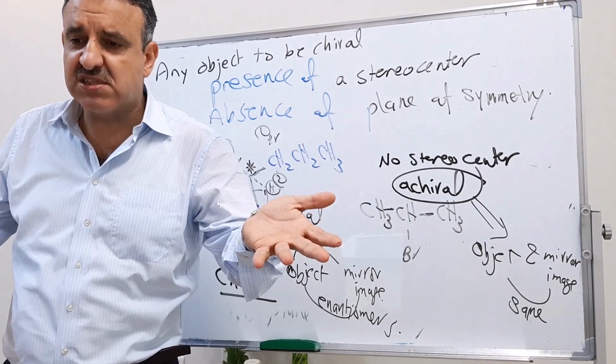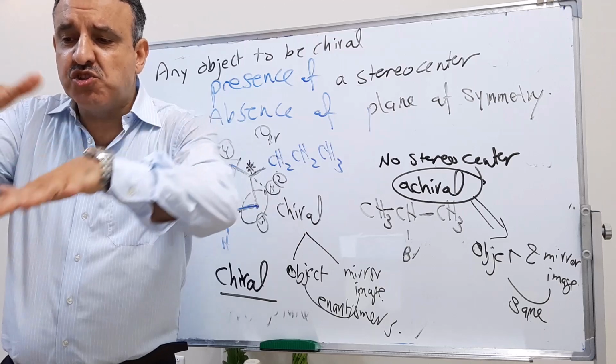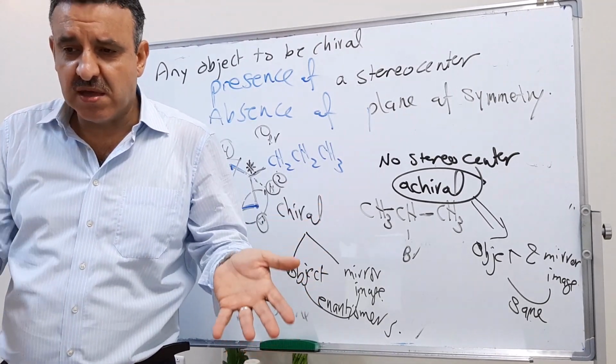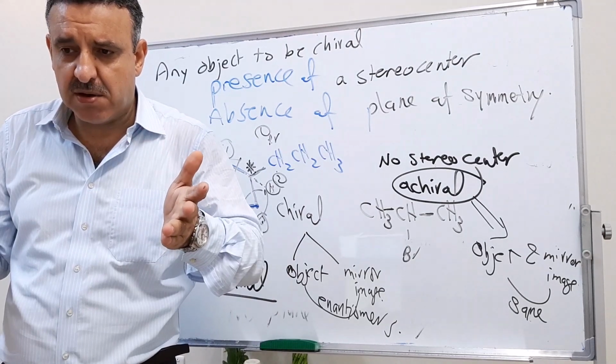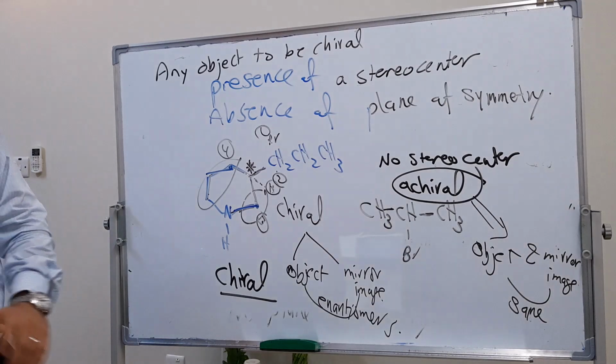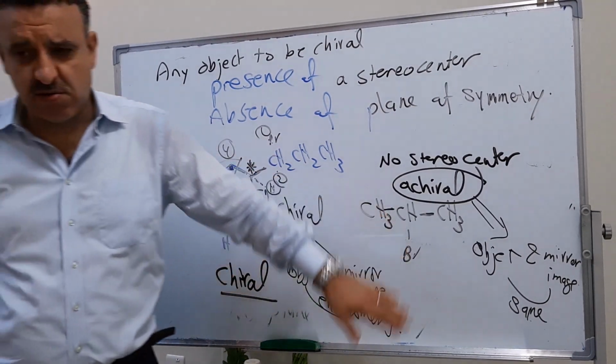These molecules are stereoisomers. They are non-superimposable. The relationship between these two molecules is the molecule and its mirror image. That's actually the consequence of classifying any compound as chiral or achiral.